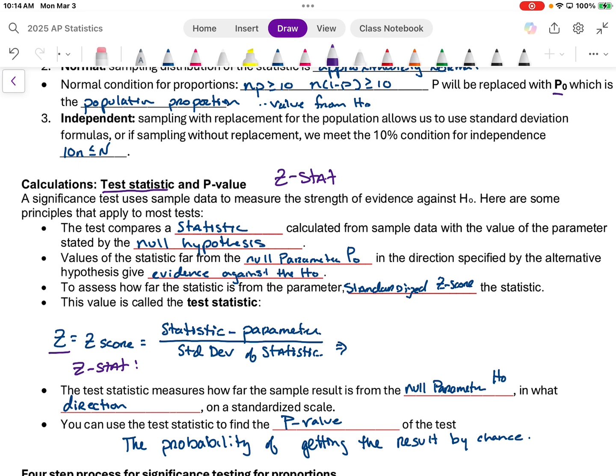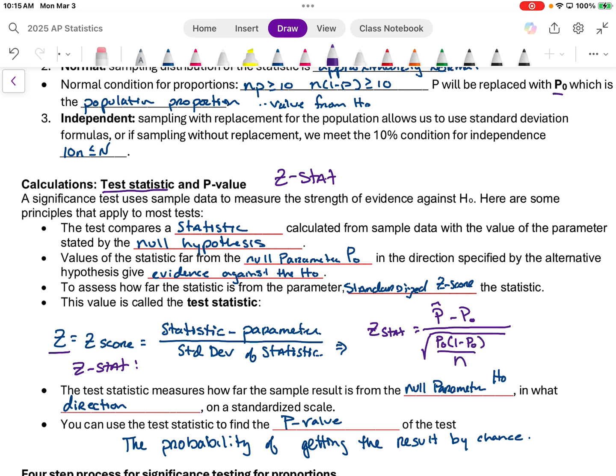It is basically your statistic minus the parameter divided by the standard deviation of the statistic. So what does that mean on the formula sheet? Our z-statistic is equal to p hat minus p sub 0, p naught, over the standard error, the square root of p naught times 1 minus p naught over n.